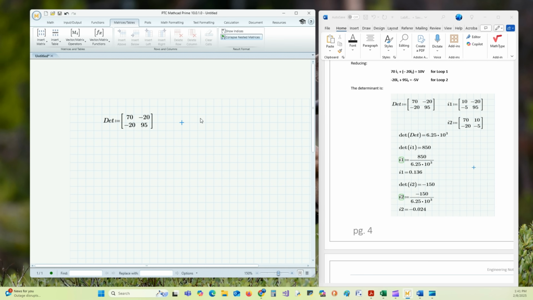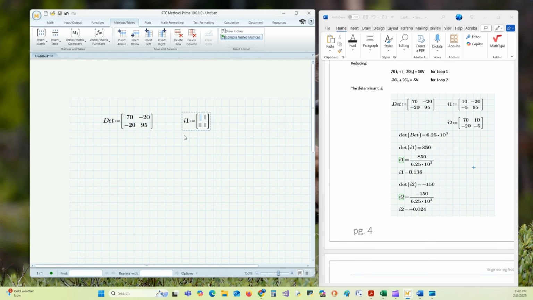We want I1, shift colon, insert a matrix, 2x2 again, second order determinant, and we want to enter these values here. Now remember, we're doing I1 column, so we substitute the voltages column, and for the I1 column, the variable we're solving for.